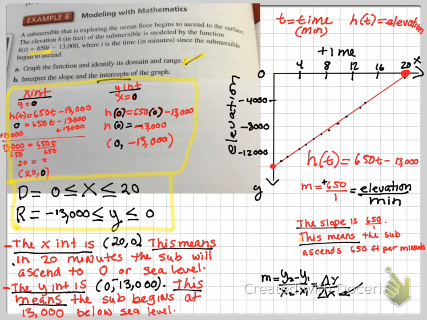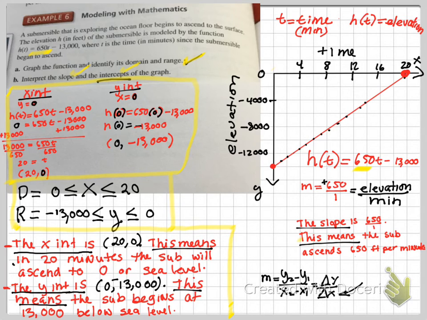Next, we interpret the slope and intercepts of the graph. First, we identified the x-intercept, then we interpreted. First, we identified the y-intercept, then we interpreted. Next, we found the slope. We know the slope in y equals mx plus b comes right before the input.